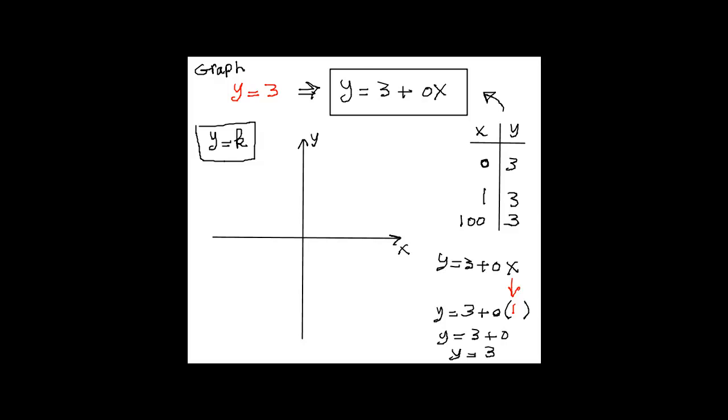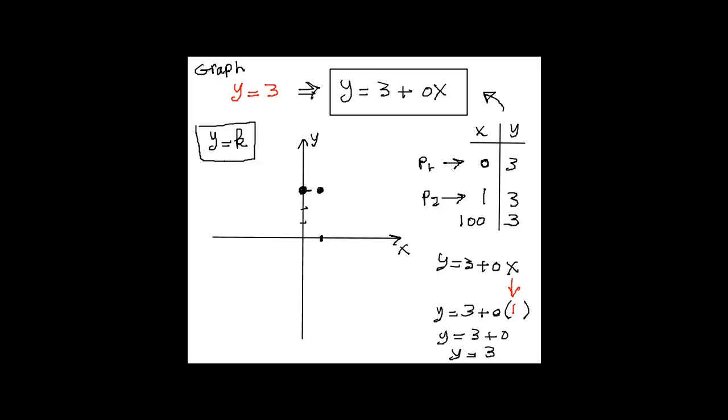If x is equal to 0, y is equal to 3 would be point 1. And let's call this point 2. If x equal to 1, y is equal to 3 would be, now this time all the points would be right next to each other, as you see.